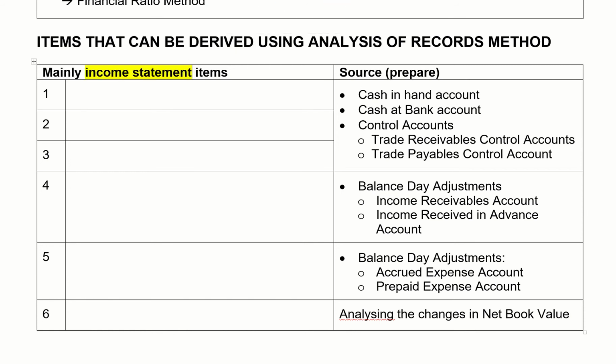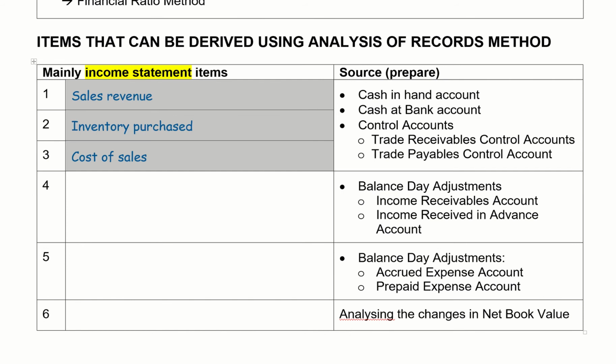Alright, income statement items. Now, in this table, what you can see is the income statement items. So later on, you will be copying down the income statement items, and I will just give you a brief introduction of how or where you can find these income statement items. Okay, so let's start. The first three income statement items, sales revenue, inventory purchase, and cost of sales.